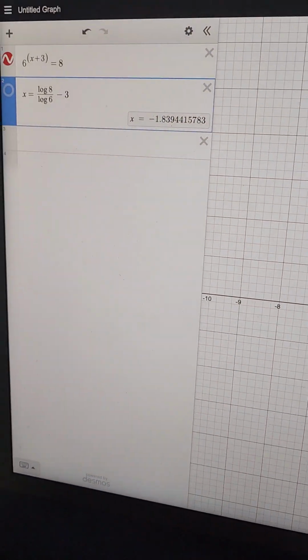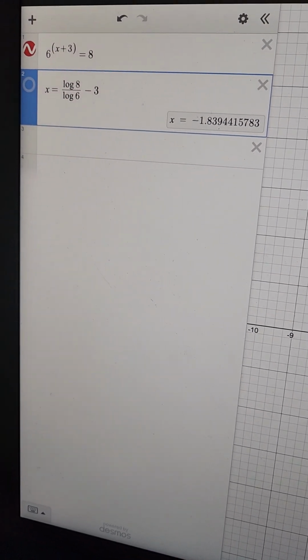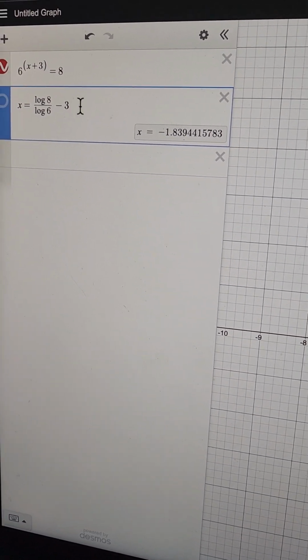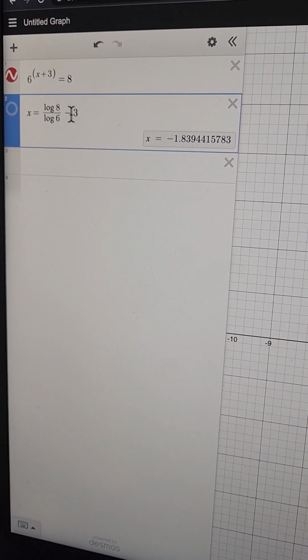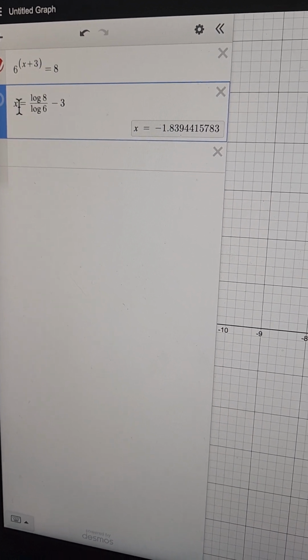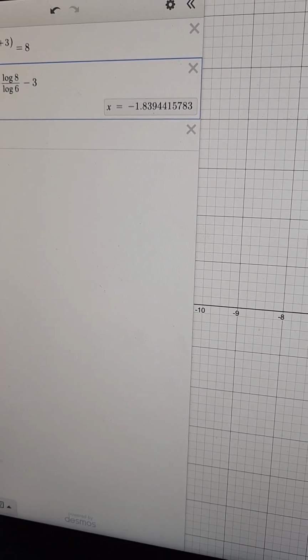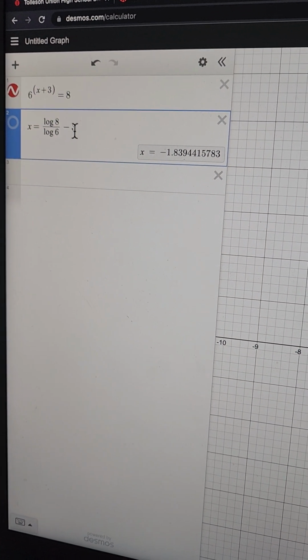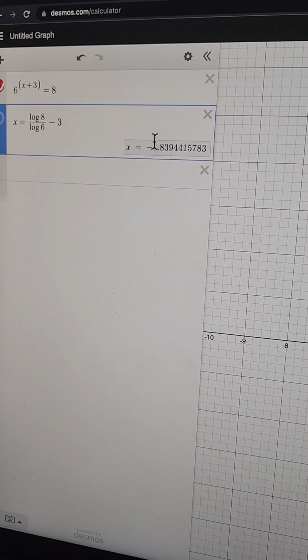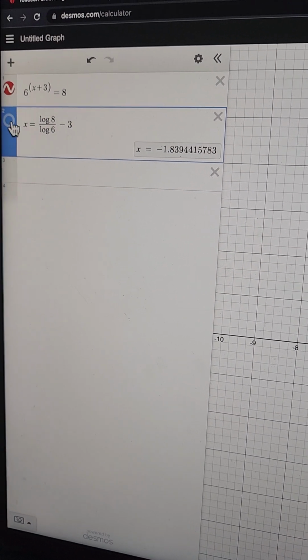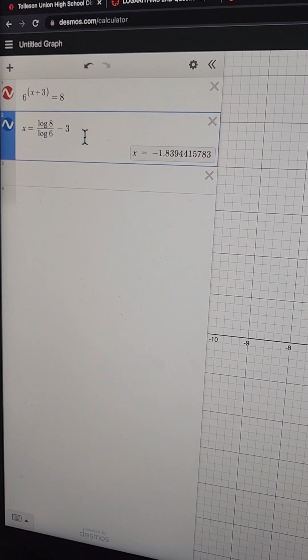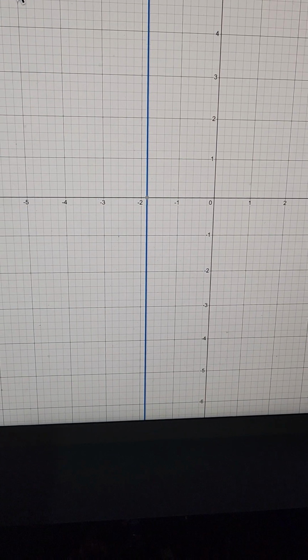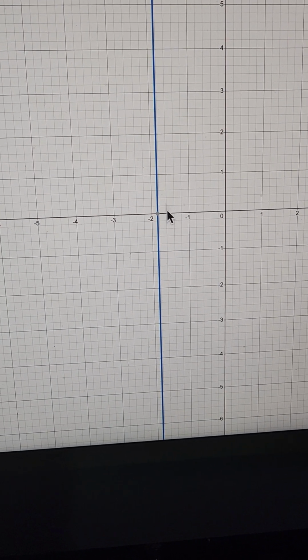So that's what I did here. I plugged it in, right? The same exact thing: log 8 divided by log 6 minus 3, right? And it gives us this number, but we can press this little thing, and it graphs it for us, and it should show the exact same line.